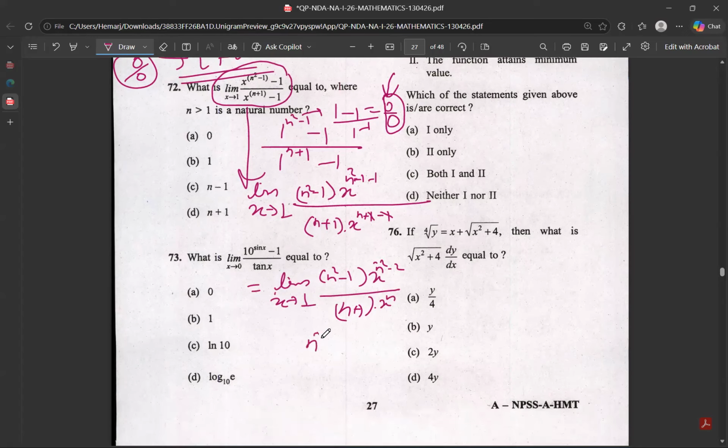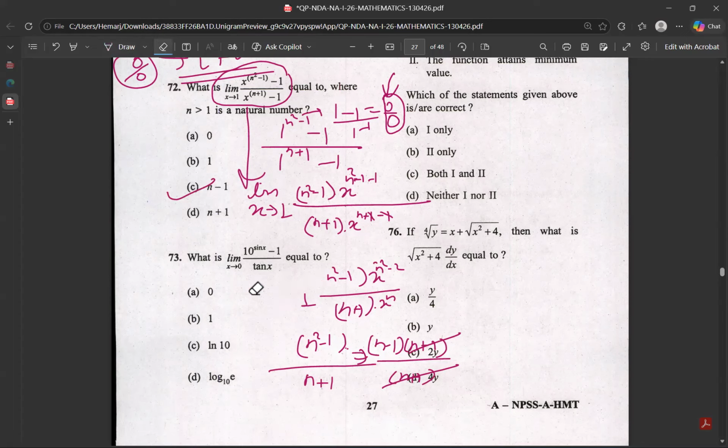So this is n square minus 1 into 1 to the power n square minus 2. 1 to the power anything is 1, so the numerator will be n square minus 1. In the denominator this will be n plus 1. Now n square minus 1 is equal to n minus 1 into n plus 1. In the denominator it is n plus 1, so n plus 1 will cancel out n plus 1. Our answer will be n minus 1. So C is the correct answer. I hope you know the basics.